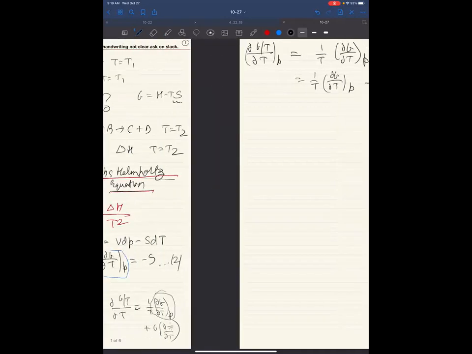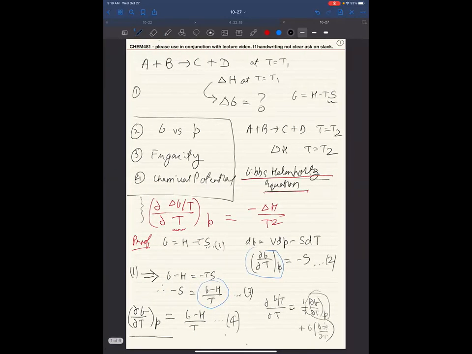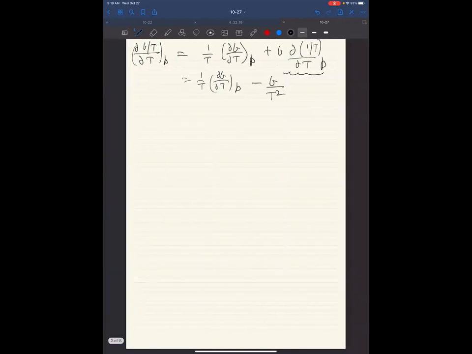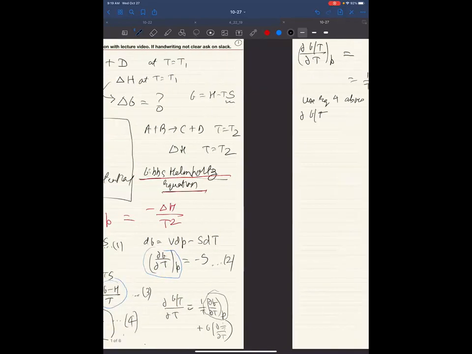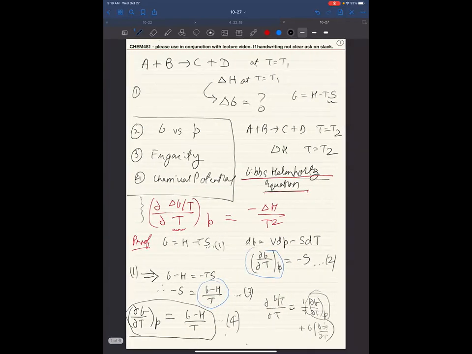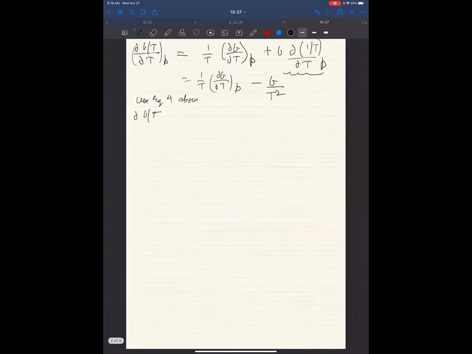But now notice that we had just shown that partial G by partial T at constant P is G minus H by T, right? So use equation 4 above. Let me write it down for you here so you have it for reference. Partial G by partial T at constant P is equal to G minus H by T. We are going to use this one, which we just showed, equation number 4.